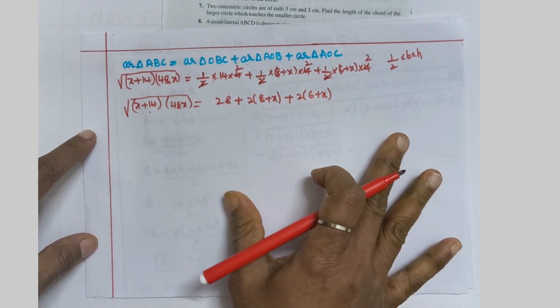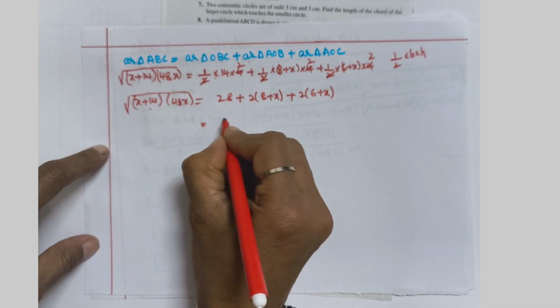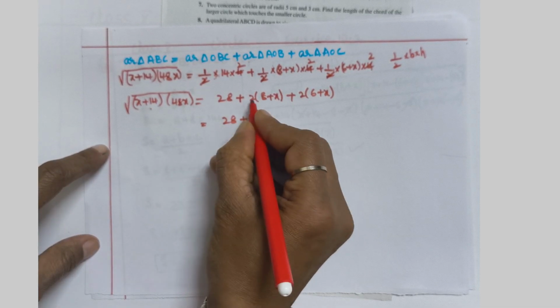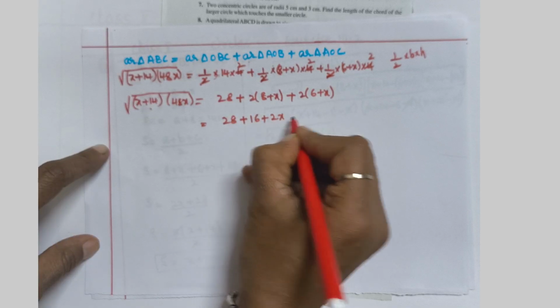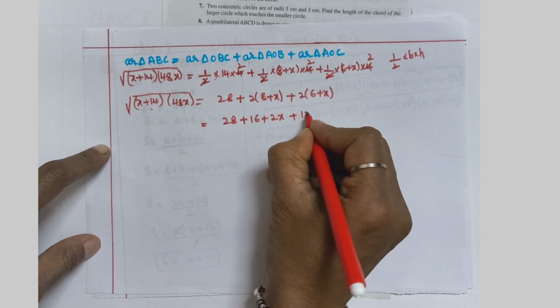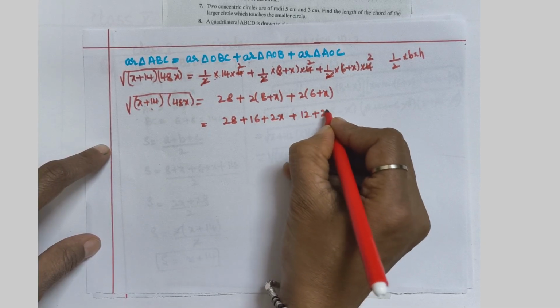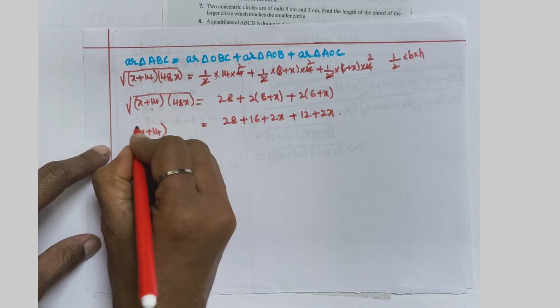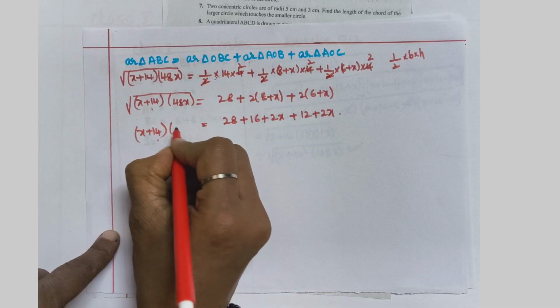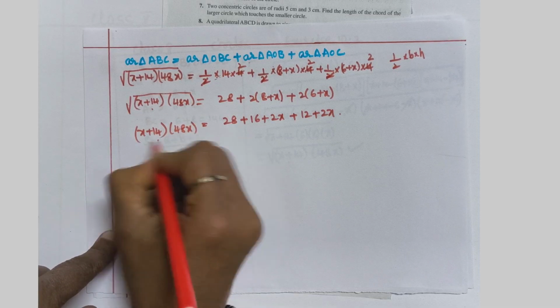Okay, now we will simplify this one. Now see here, 28 plus 2 8s are 16 plus 2 into x, 2x, plus 2 6s are 12 plus 2 into x, 2x. This side write as it is, x plus 14 into root 48x.